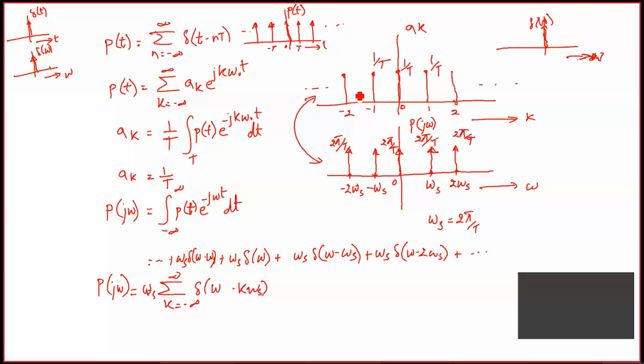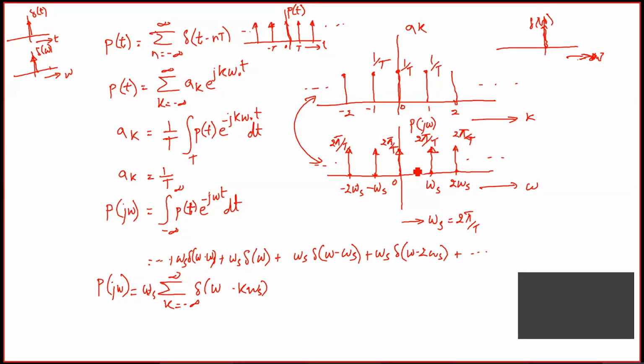So all these impulses end up giving us impulses in the omega domain, located at multiples of omega_s and having value 2 pi over T. Now this 2 pi over T is also omega_s. So if we write down P(j omega), it will be omega_s times delta(omega), a single impulse, and then an impulse shifted by omega_s, delta(omega minus omega_s).